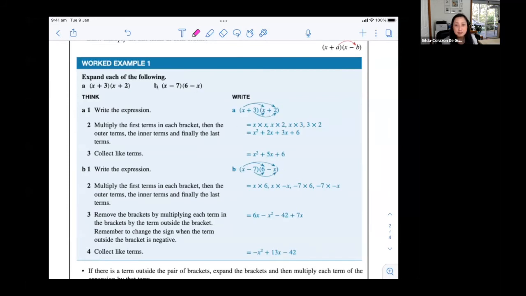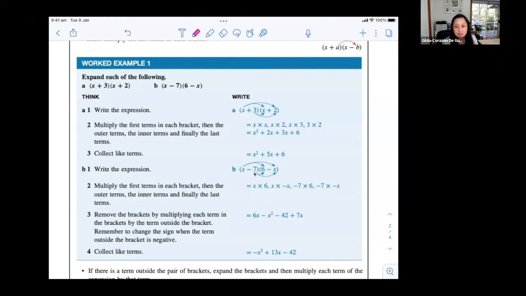Now, the second example would just be showing you the one wherein you've got a tricky bit there, a binomial here, because normally you have x plus something, right? But this one, they've inverted them, right? It would simply be the same, right? So you've got there your first terms, x times 6, which is 6x. Outer terms, x times negative x, which is negative x squared.